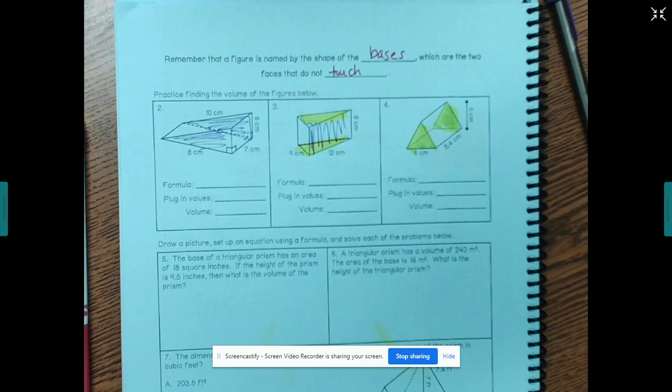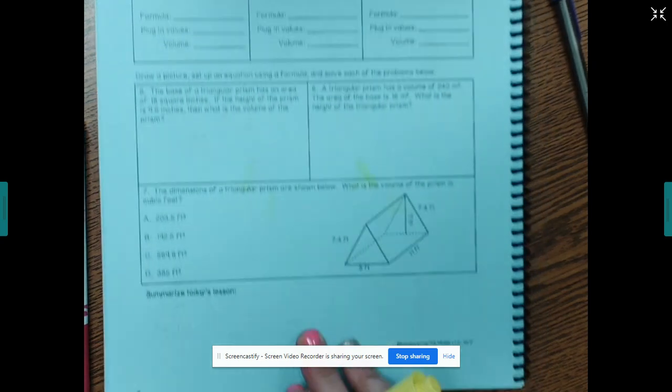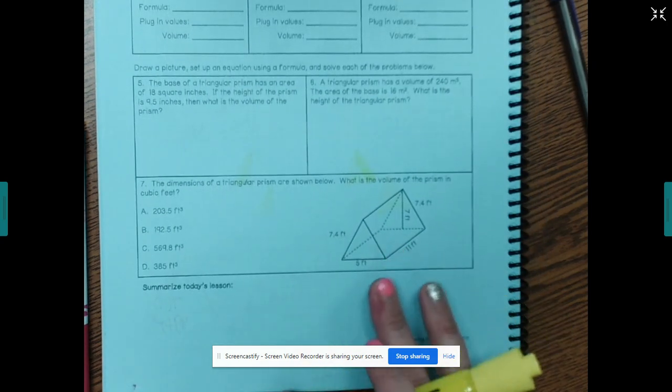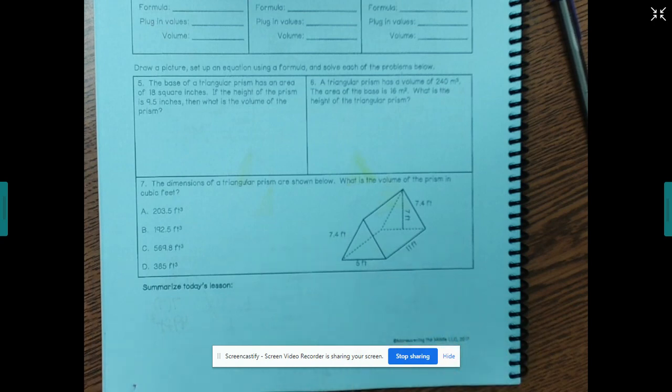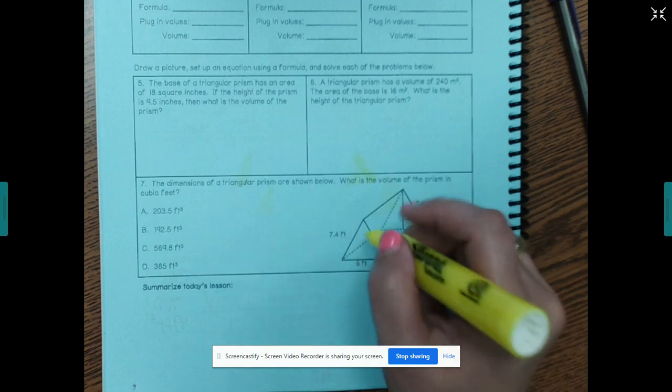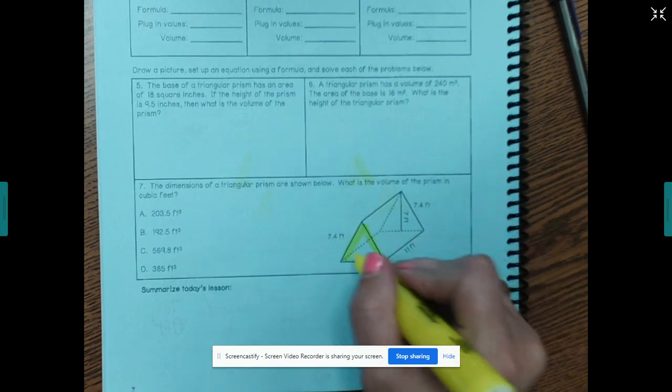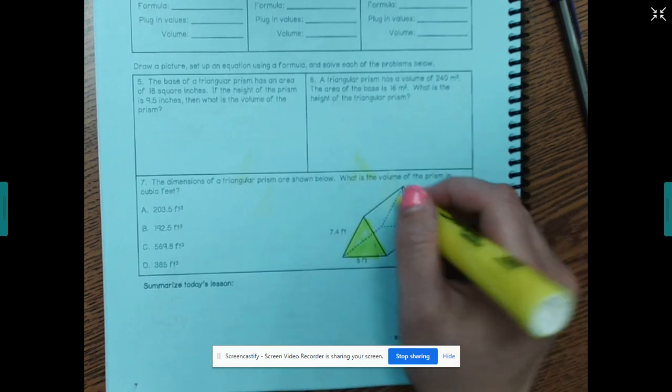Okay, now I just want to do one more with you, so we're going to do this bottom one. And then again, if you want me to do more, I can make more videos or I can help you in class. All right, first thing, label my bases. Before I do anything, label my base.